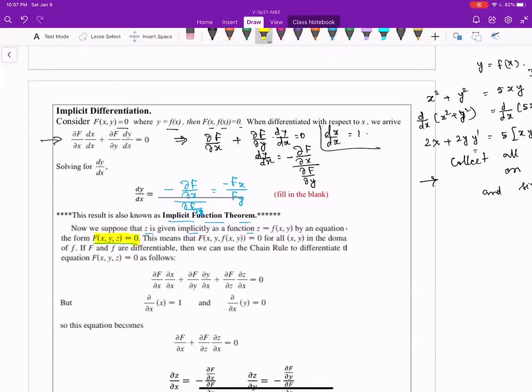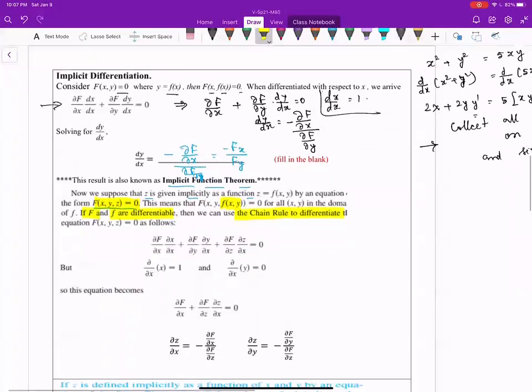This means that F of x, y, f of x, y equals 0 for all x, y in the domain of f, because z is a function of x and y. If uppercase F and lowercase f are differentiable, then we can use the chain rule to differentiate the equation F of x, y, z equal to 0 as follows.